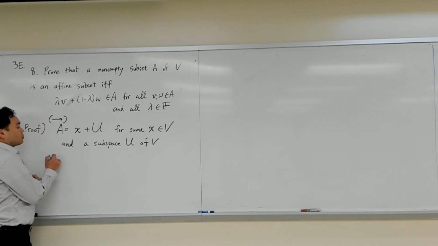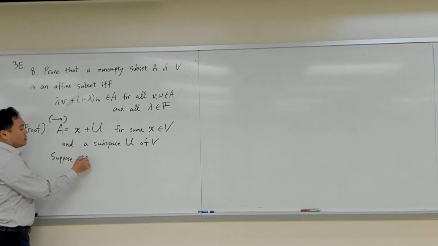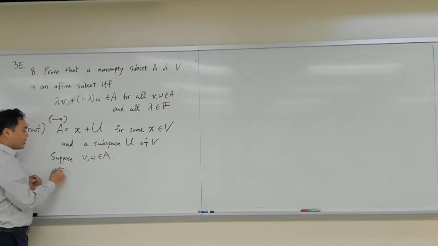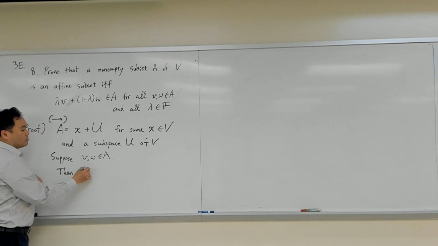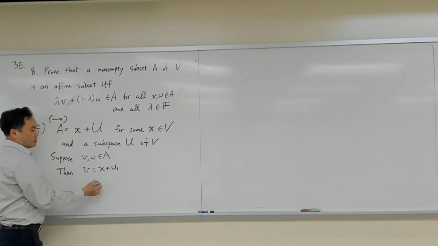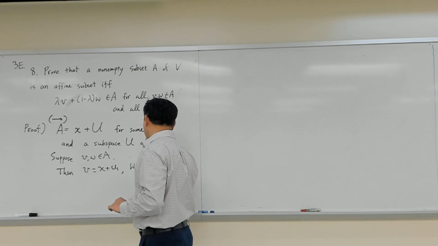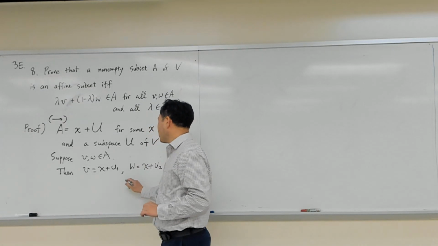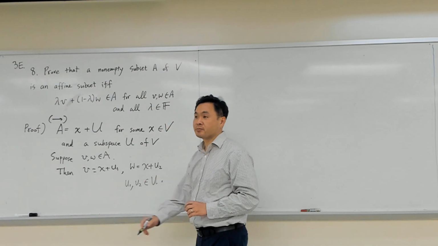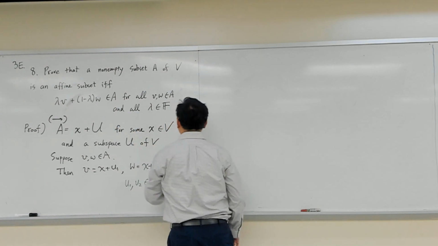So suppose V, W is in A. Then V would be X plus U1, and then W would be X plus U2, where U1 and U2 are elements in U. Okay, now let's see what this gives us.